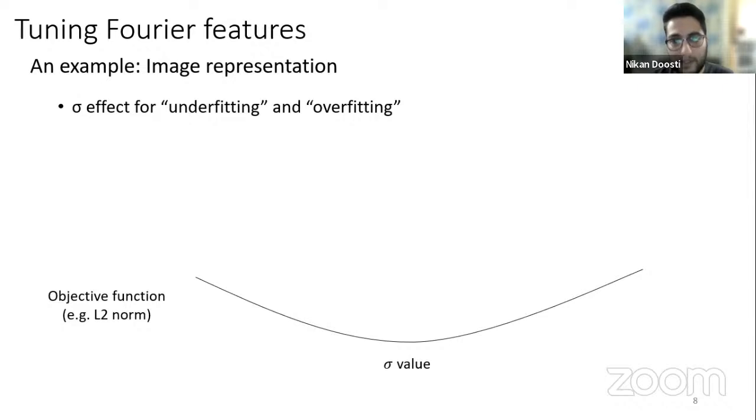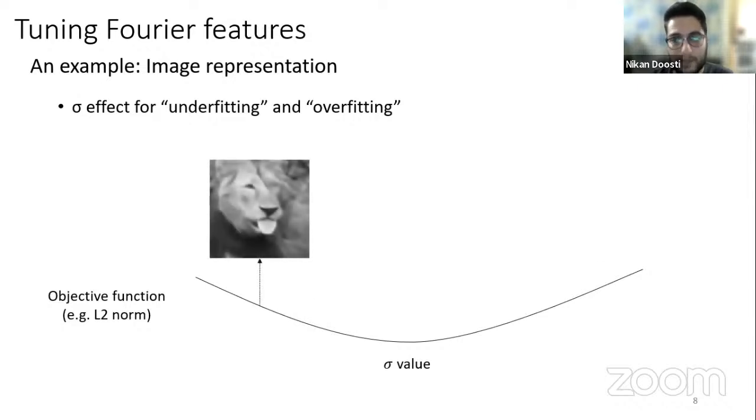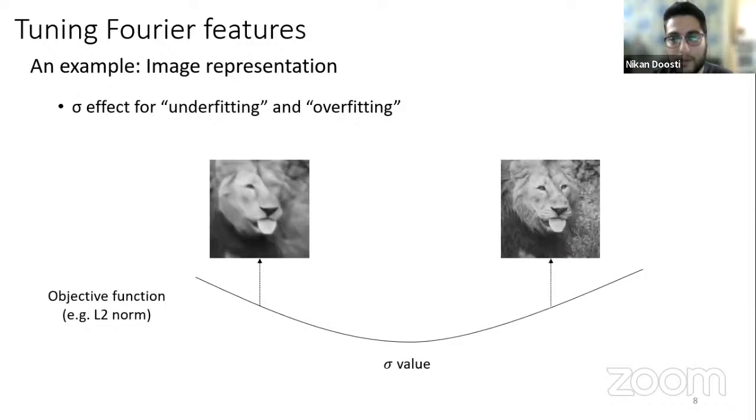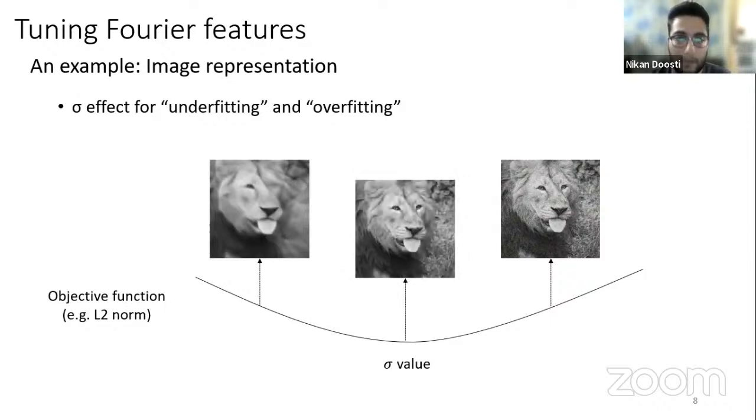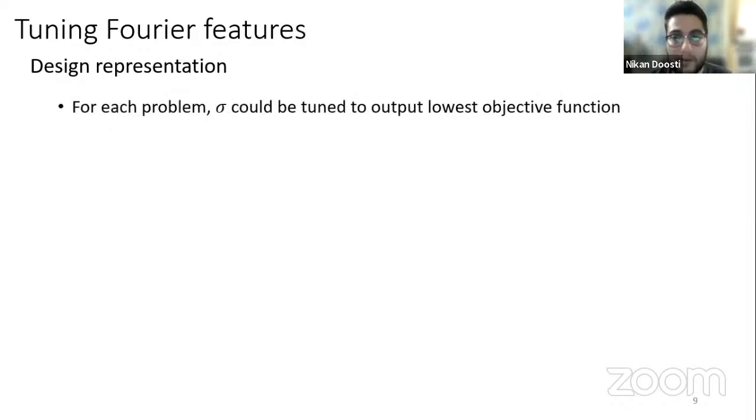In that matter, using lower values leads to an oversmoothed or underfitted model, and higher values lead to a noisy or overfitted model. So the best value is always a middle point value. We can deal with sigma similar to the way it has been introduced in prior works and only tune it to find the best solution with lowest objective value, such as 2D image fitting as we saw in the previous slide.